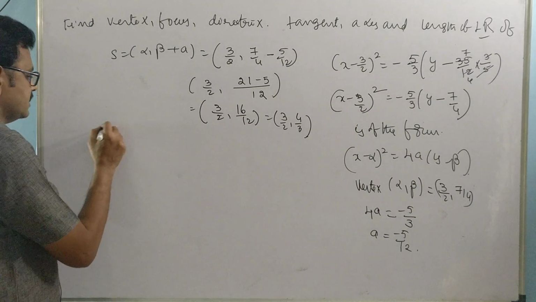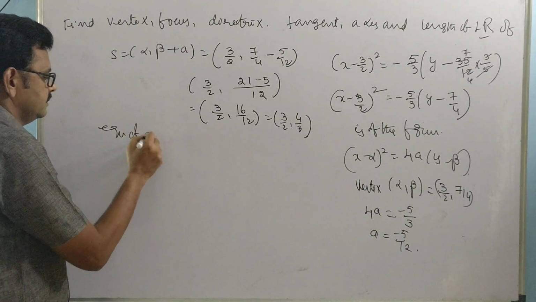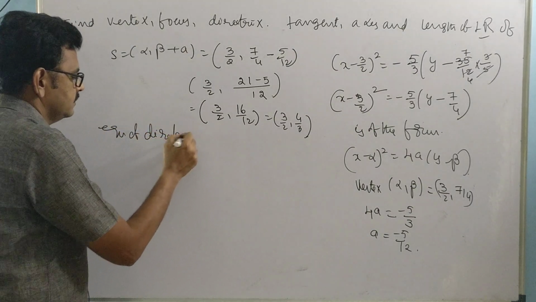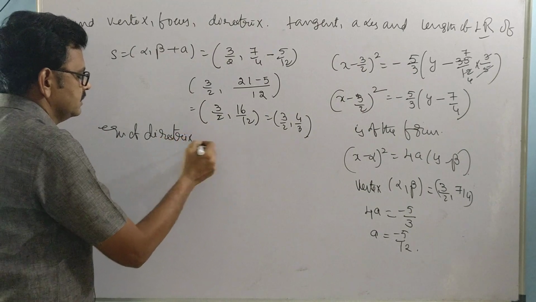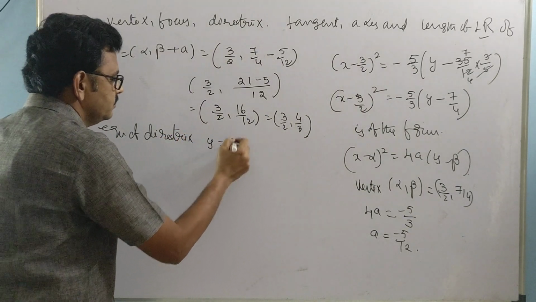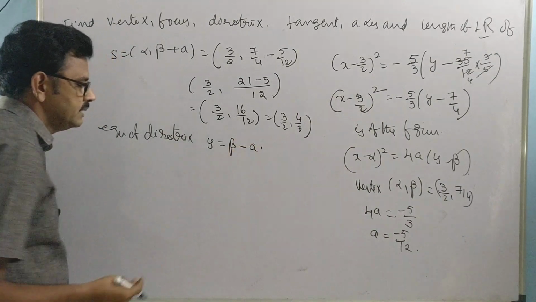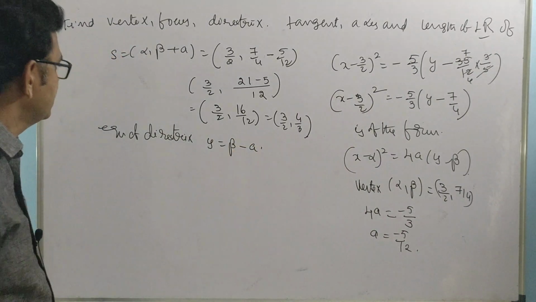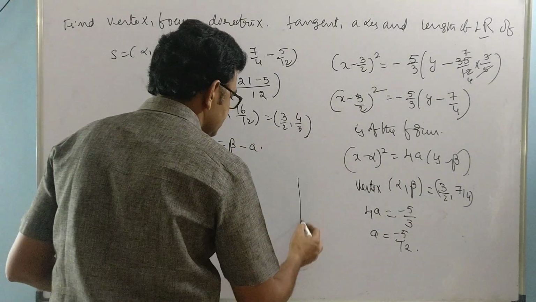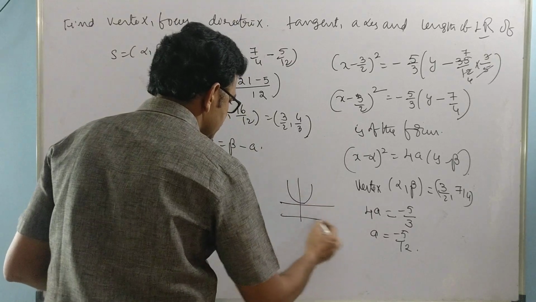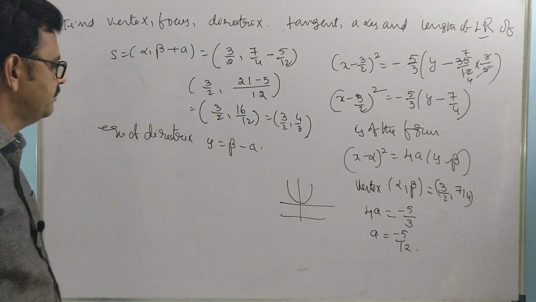Next, equation of directrix. Directrix y is equal to beta minus a, because the parabola is like this. Here this is the parabola, y equal to beta minus a.